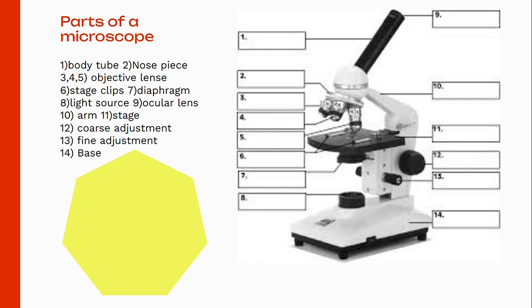Next, we're going to talk about the parts of a microscope. So, in the picture, you'll see labeled 1 through 14.